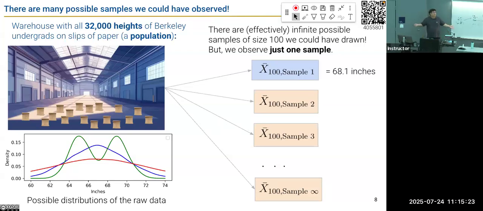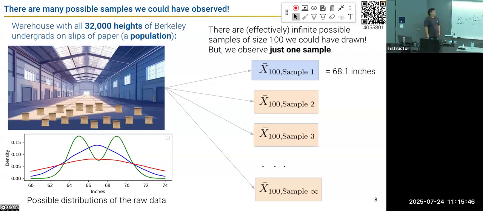Among the multiverse, in all of the universes, you will exhaust the number of possible samples, all of the possible combinations of 100 Berkeley undergrads. Effectively, that's infinite, but it's a really large number, at least.